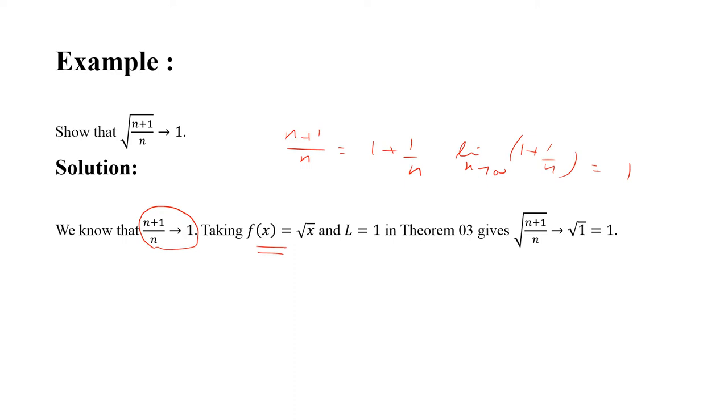So f(a_n) approaches f(L), right? So this means, since a_n is equal to this, this is f(a_n) and this is f(L), right? So this implies the limit of this sequence is 1.